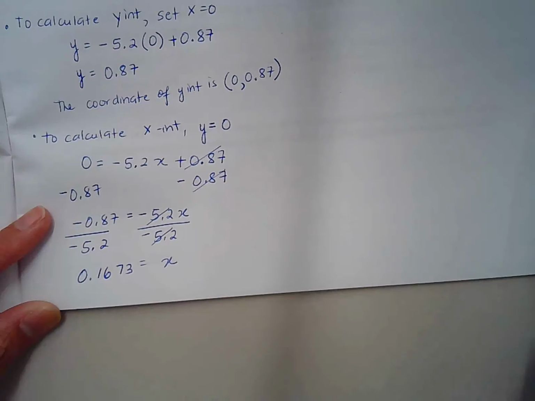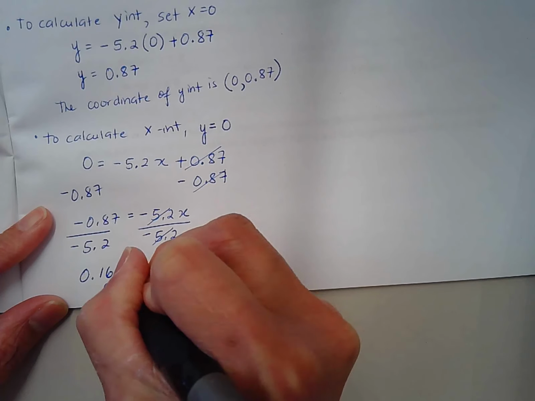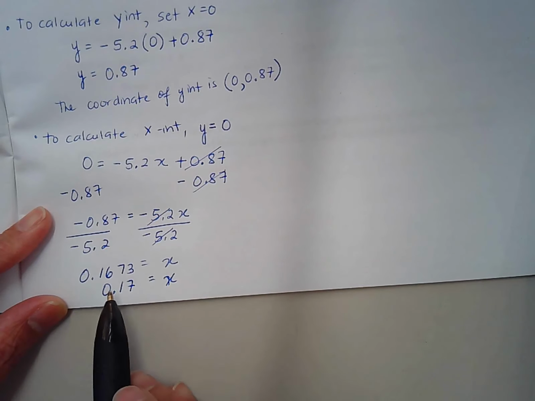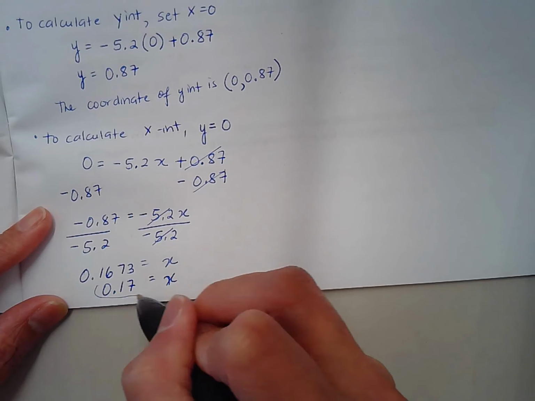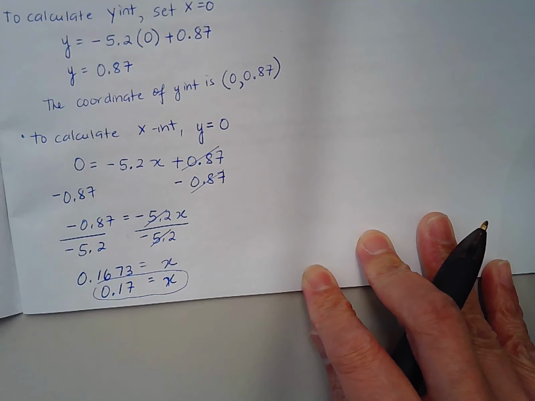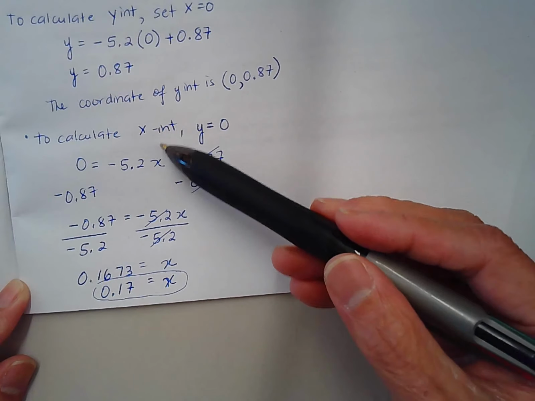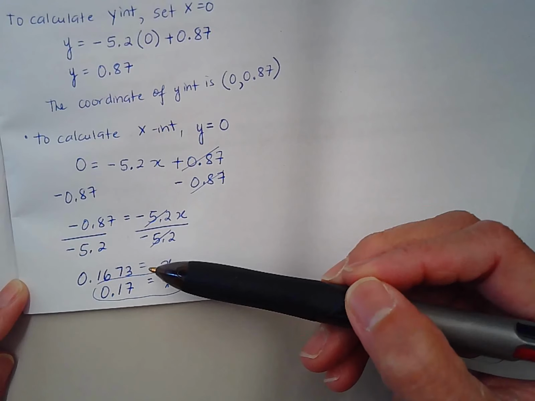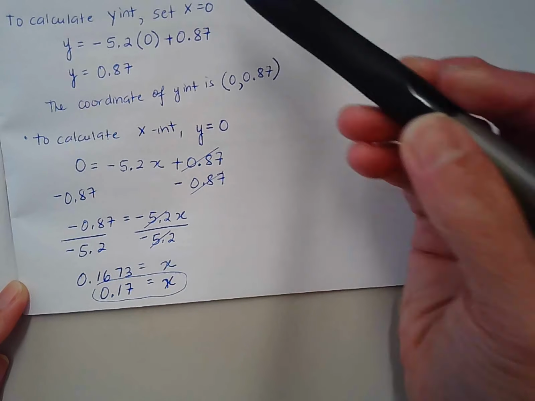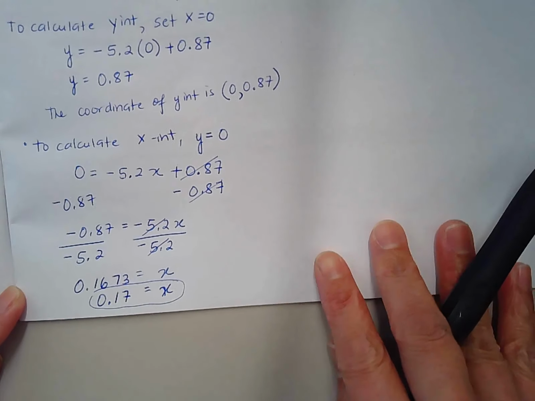If we round it off, approximately 0.17. So at this point, we can figure out the x-intercept algebraically.